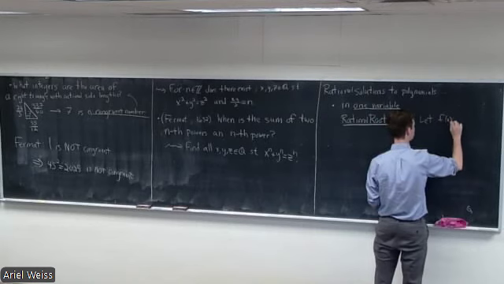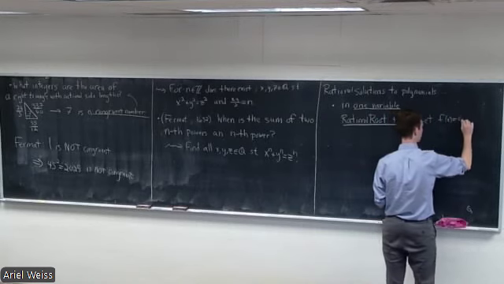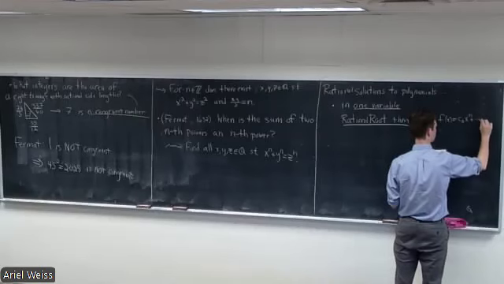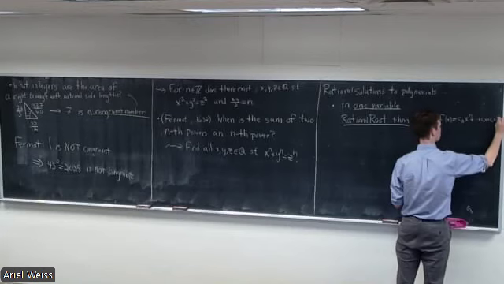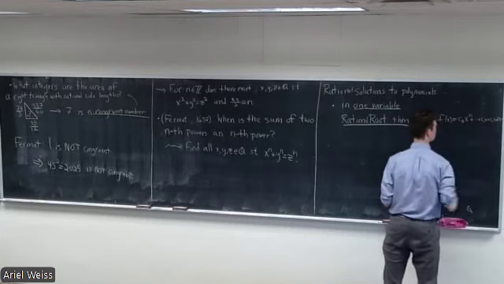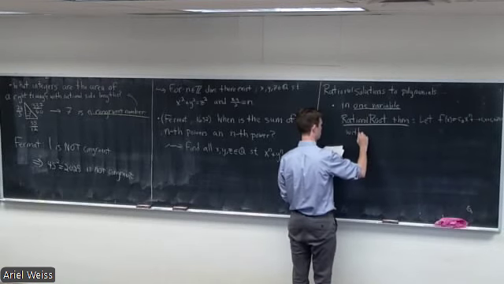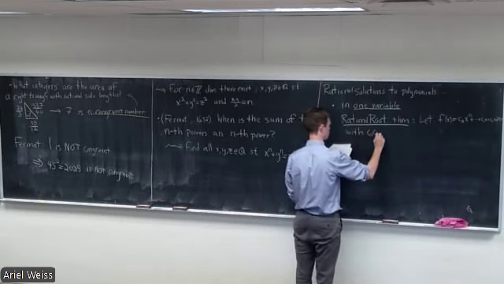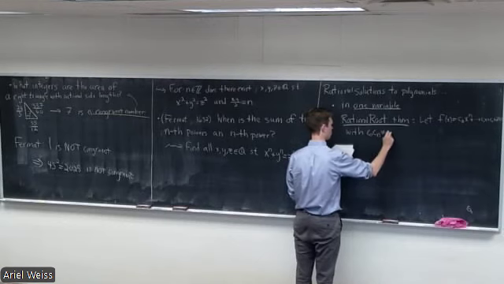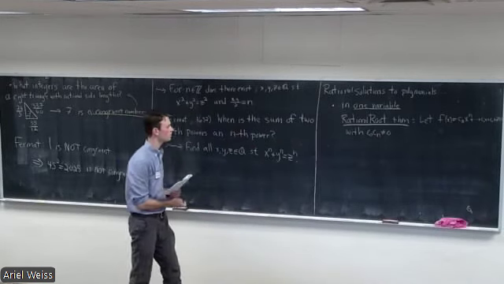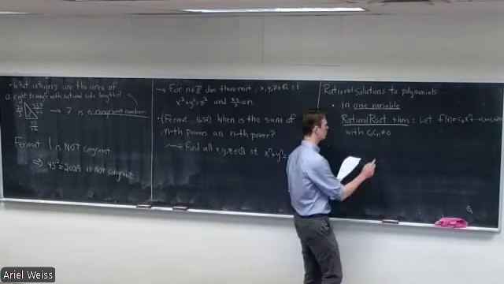So let f(x) be a polynomial in one variable, let's say with integer coefficients. We'll also assume that the constant term and the leading coefficient are non-zero.